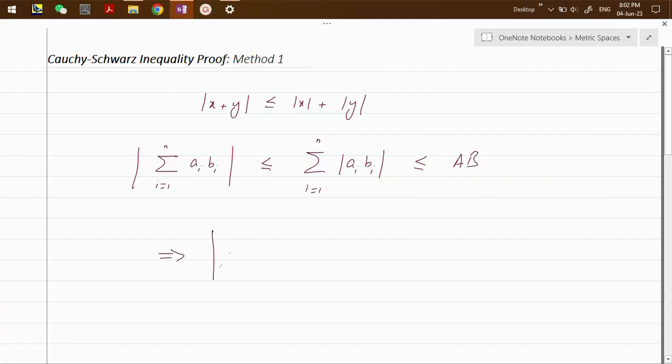This implies that mod of summation ai bi, i from 1 to n, is less than or equal to ab.